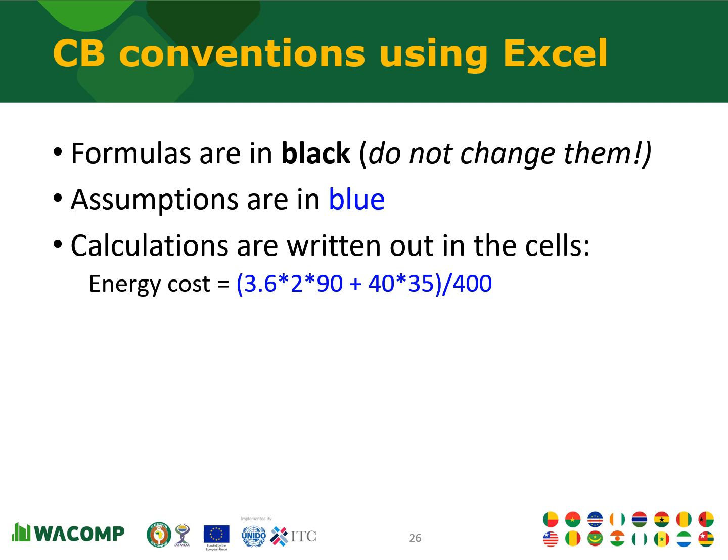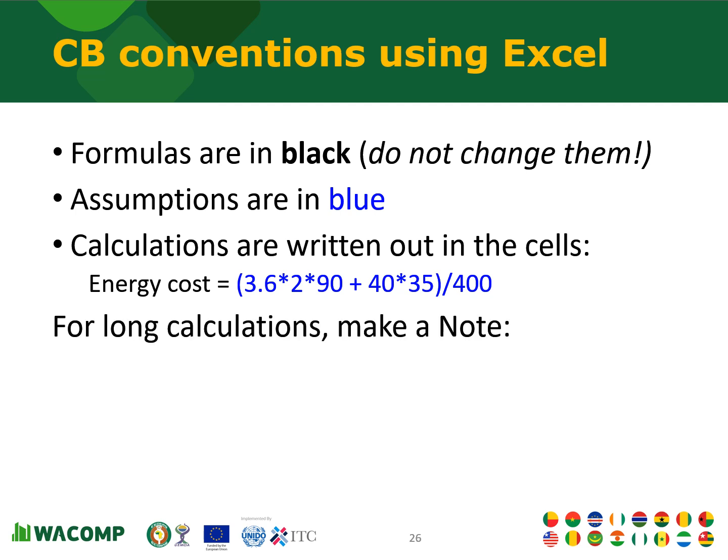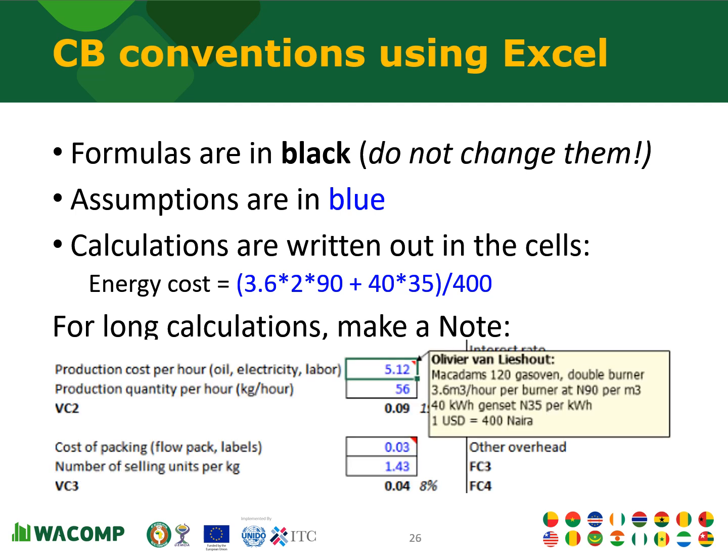All these blue numbers are assumptions, important ones, but for sure you will forget them. So we strongly advise you to add a note to the cell, like this. The note is a free text cell in which you can explain your numbers.